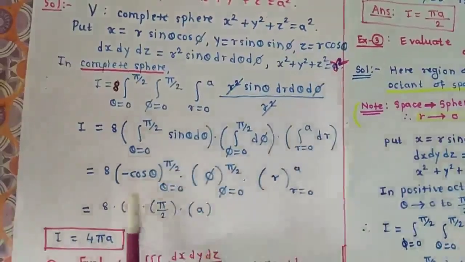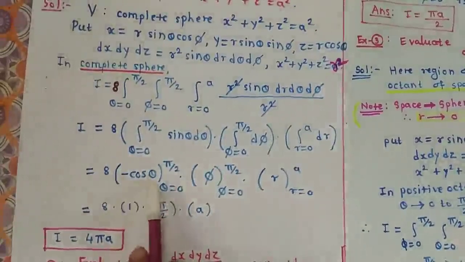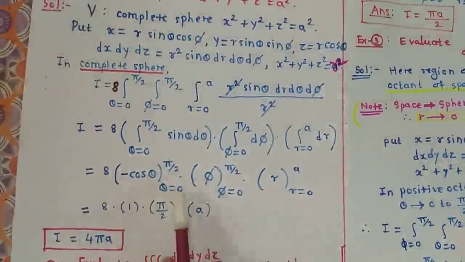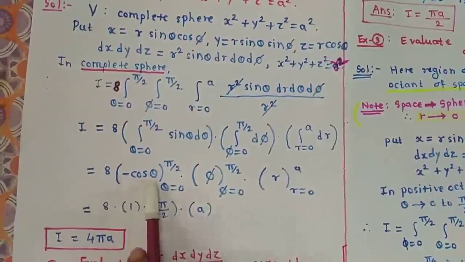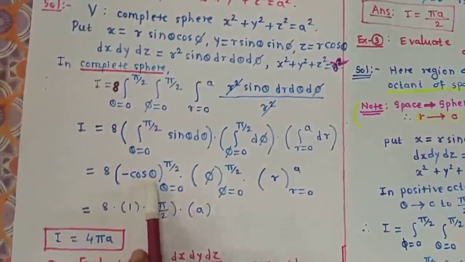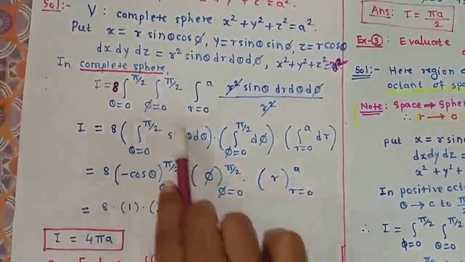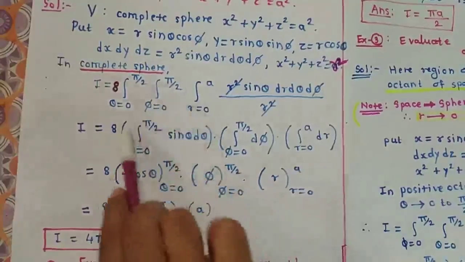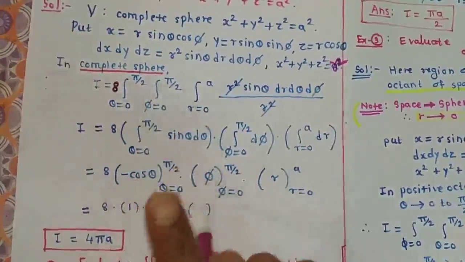Integration of sin theta is minus cos theta, and if we apply the limits 0 to pi by 2, we get minus cos pi by 2 plus cos 0. Cos pi by 2 is 0 and cos 0 is 1, and that's why the value of the integration of sin theta with limits 0 to pi by 2 is always equal to 1.